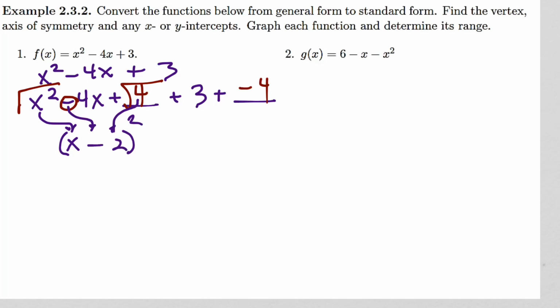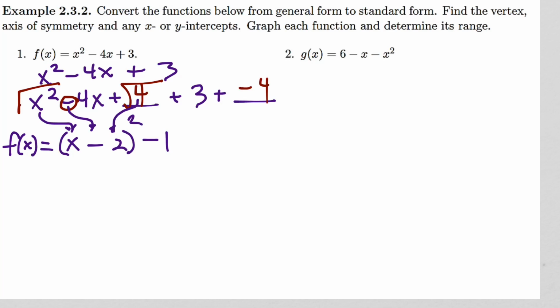All right, so we've done it. We've used our knowledge of how to factor a perfect square trinomial. And then the loose numbers, you just combine. So we've got 3 minus 4, that's negative 1. All right, so this is the equivalent form of f of x written in vertex form.